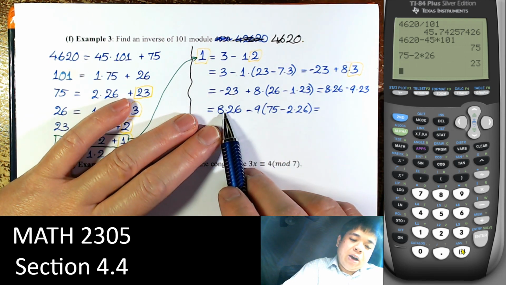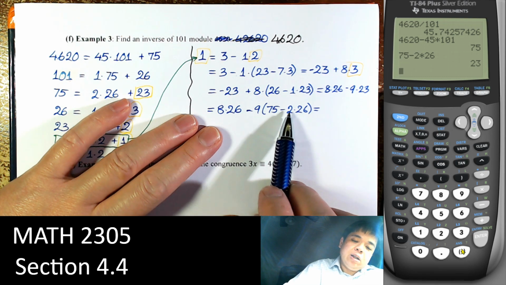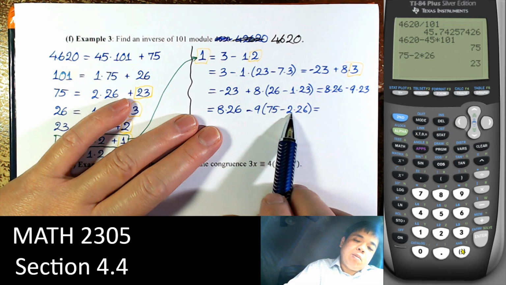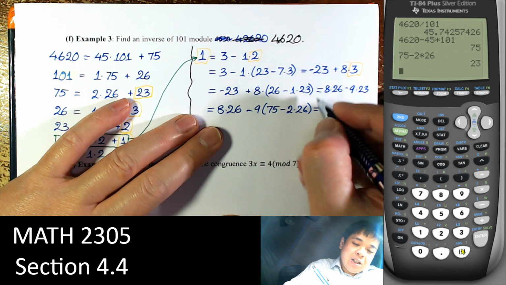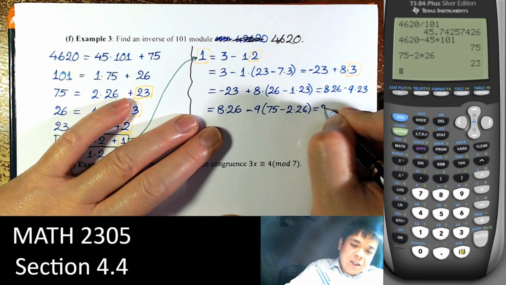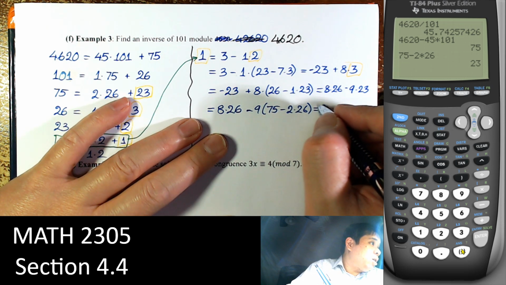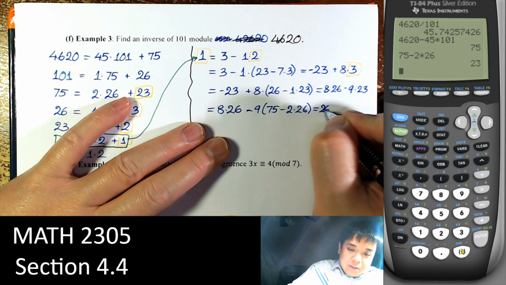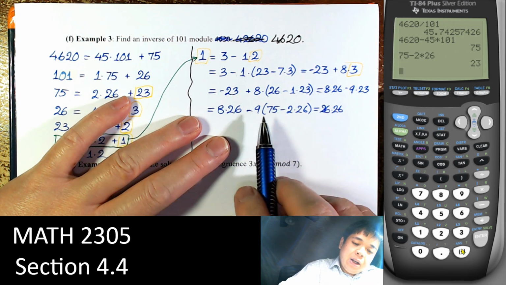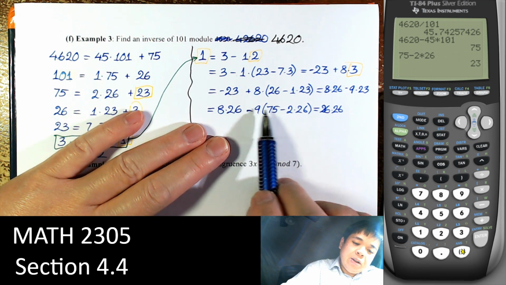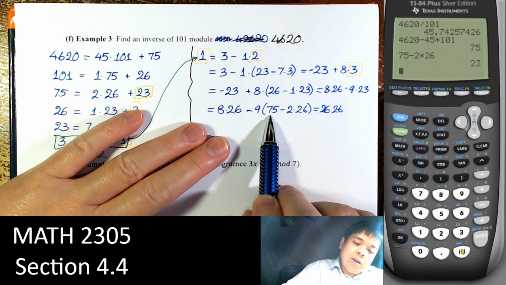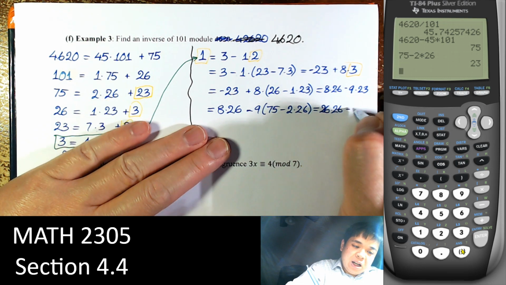Right, now a in 26, that 18, a in 18, 26 times 26, and then we have 9 times 70, minus 9 times 75.